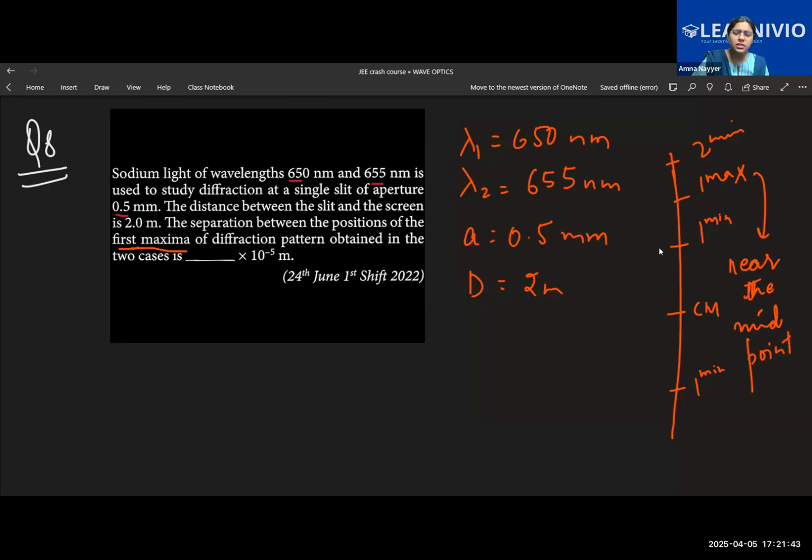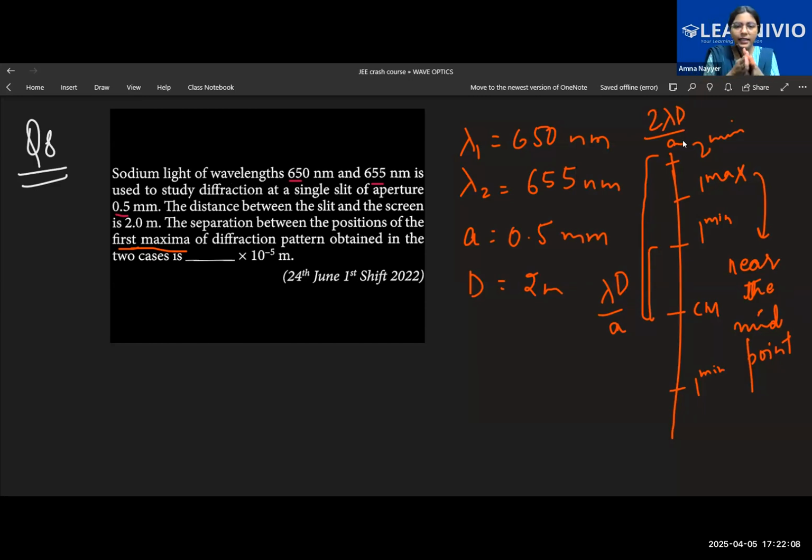So see, this separation is lambda capital D by small a, for the first minima. For the second minima, this total separation will be 2 lambda D by a.